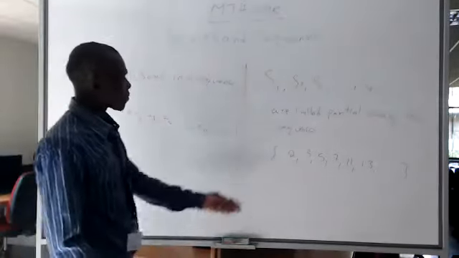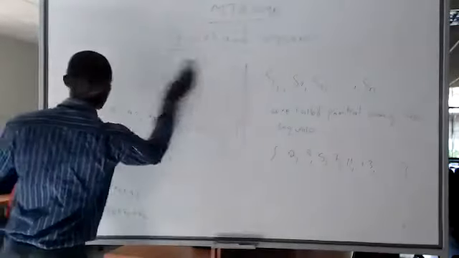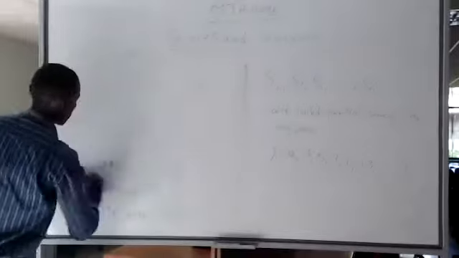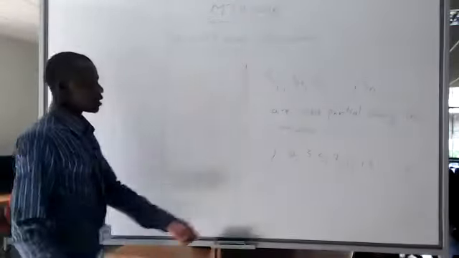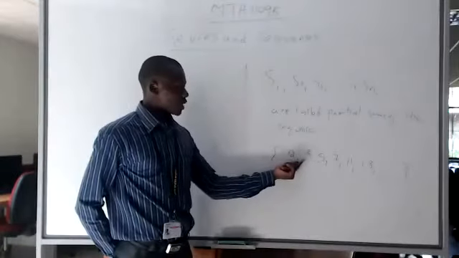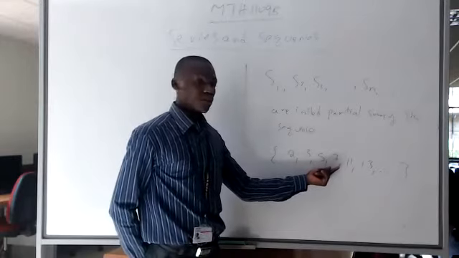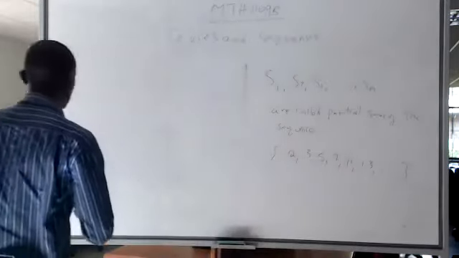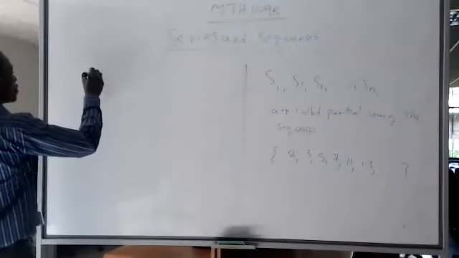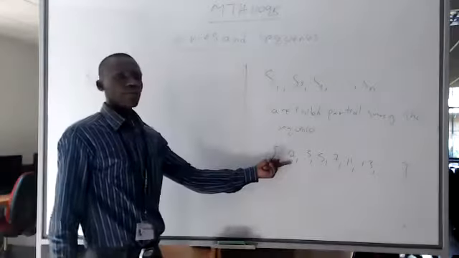Let's see some partial sums for this sequence of prime numbers. In this case, my first term is 2, second term is 3, third term is 5. The next term after 5 is 7. So S1 is simply 2, it's just the first term.